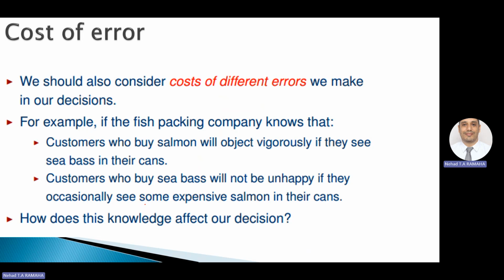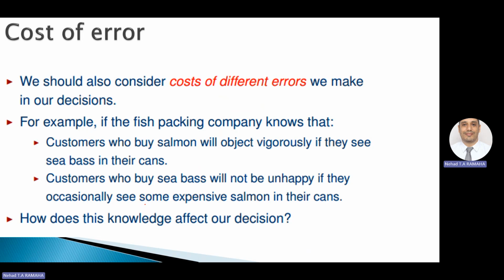And the system sees that the probability is 50% salmon, 50% sea bass. But the system has to take a decision in this case, depending on the cost of the error.